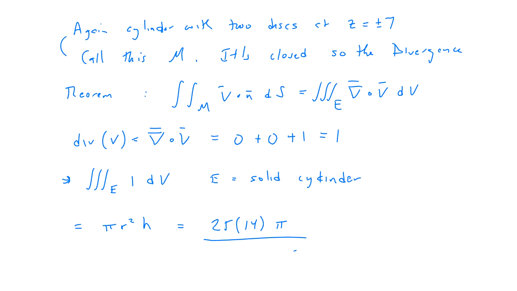And for each of those, we got the 7 times 25 pi. So we found in the last part that the flow on the two disks together was the 350 pi. This is now saying this is the flow on the closed cylinder, which means that the flow on the cylinder without the top and the bottom is the 350 pi minus 350 pi, which is 0, which is what we got in the original part.